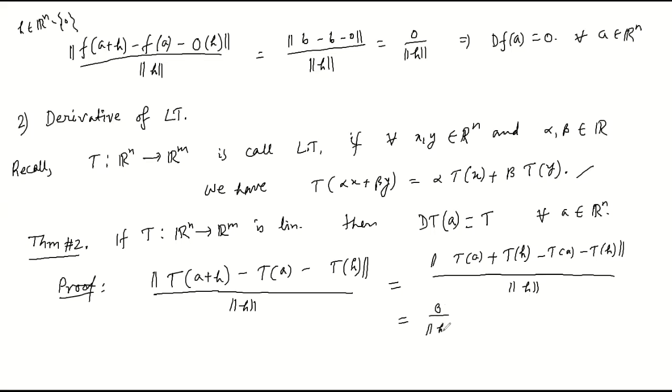This implies the derivative of T at the point a is equal to the linear part, which is T itself. Okay, so this is the proof of theorem 2.